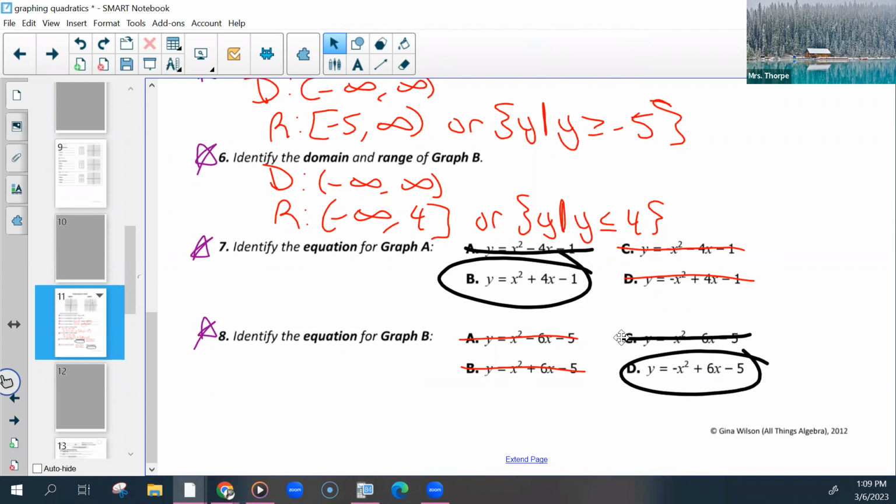So we're going to switch gears. Now we've talked all about how to graph when it's in standard form. We're gonna talk very briefly about how to do that in vertex form. This really should have been attached to the notes, but it wasn't.